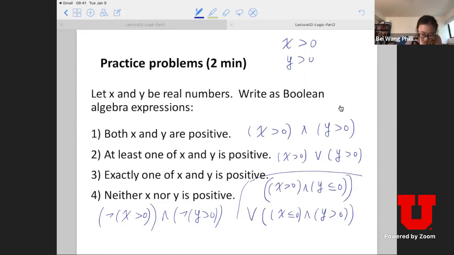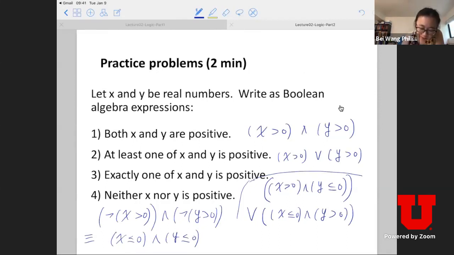Alternatively, this whole statement is equivalent to x smaller or equal to 0 and y smaller or equal to 0. Of course, everything I've done so far is just using those variables and spelling out the actual proposition itself.